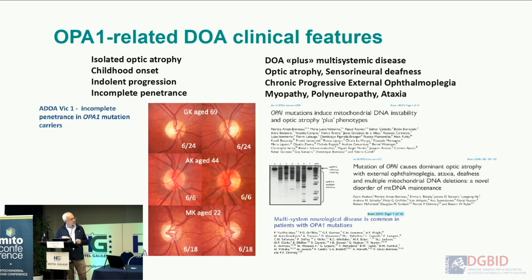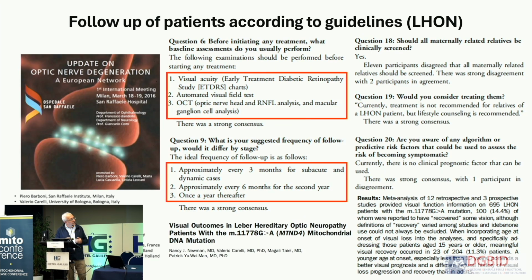Of course, there are syndromic, more severe multisystemic syndromes associated with OPA1, and this is the so-called plus phenotype. This happens with many of the genes that I described. We have a milder version, only optic atrophy, and a severe version with other multisystemic involvement.